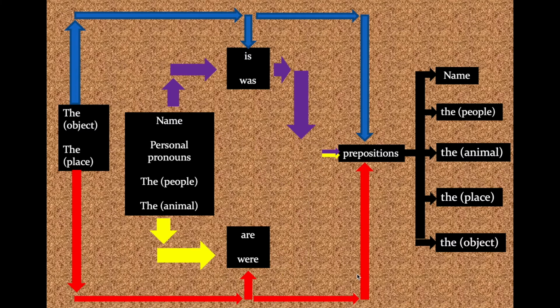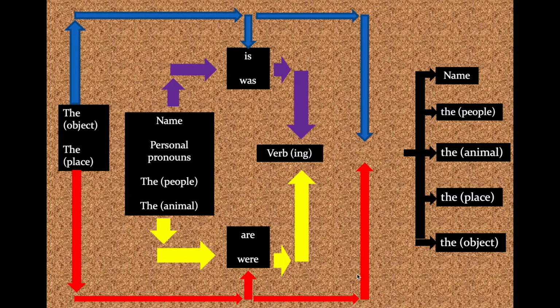After choosing an appropriate verb ing, the next word you have to write is the preposition. Once again, prepositions describe the location, time, place, and movement. For example, in, on, under, behind, beside.